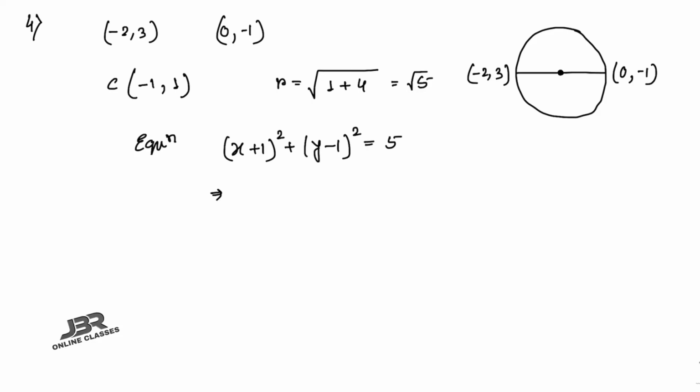So x square plus y square plus 2x minus 2y minus 5 equals 0. Okay, sorry, it's plus 1 plus 1 is 2, so it's minus 3, not 5. So x square plus y square plus 2x minus 2y minus 3 equals 0 as your answer.